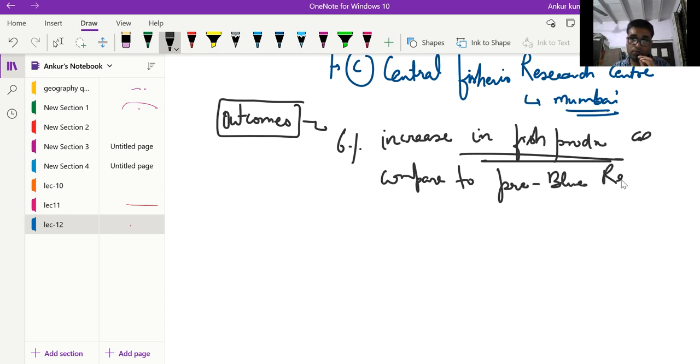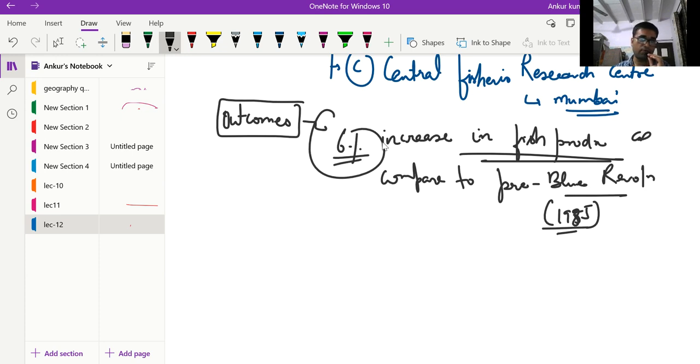Pre blue revolution means before 1985. There was 6% increase after 1985, within a decade. Okay, the second achievement of the outcome of the blue revolution was that India became the second largest fish producer after China.